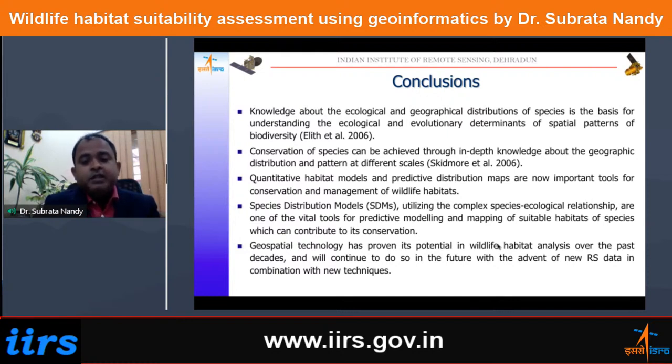So there is a huge improvement in the availability of data as well as new techniques, and in future many more data sets will come up, and new techniques will have to be devised for integrating field data with remote sensing data using geoinformatics or geospatial technology, to get a better assessment of the potential habitat of wildlife.